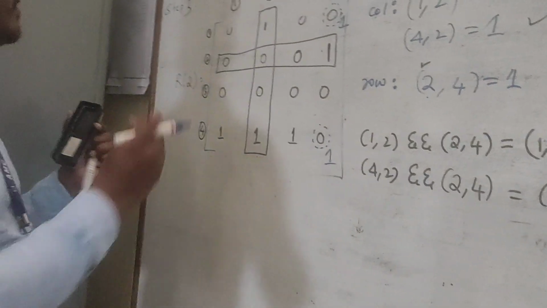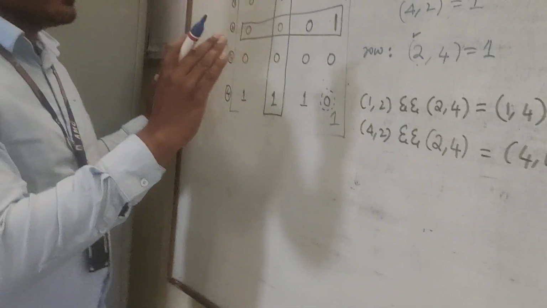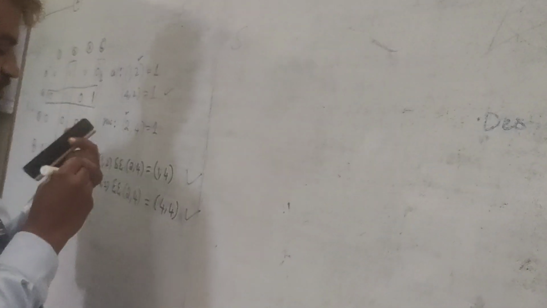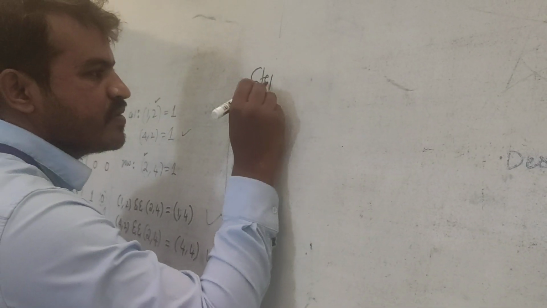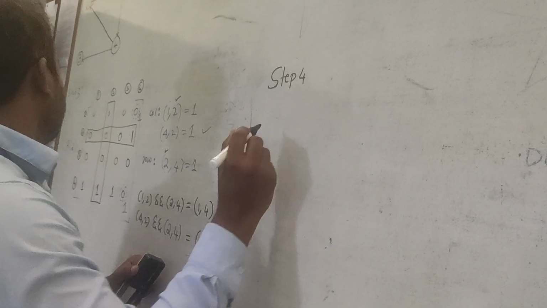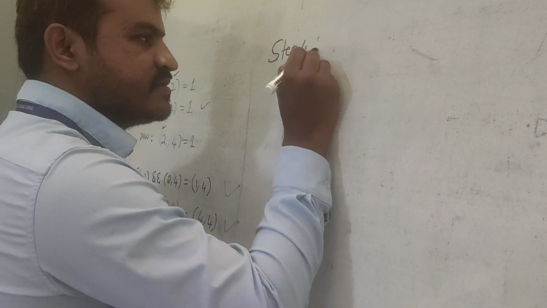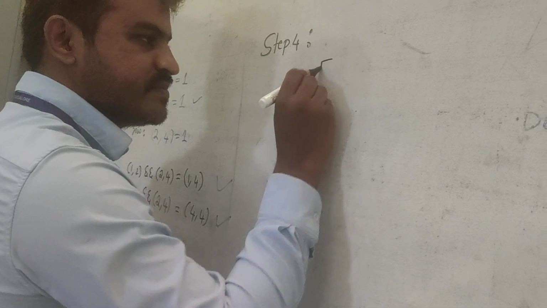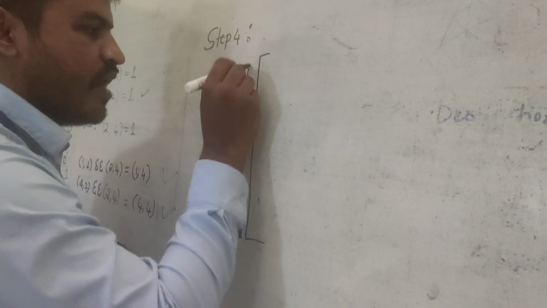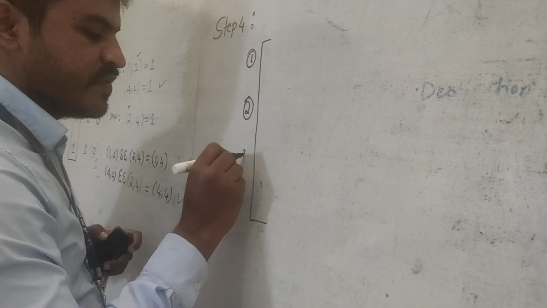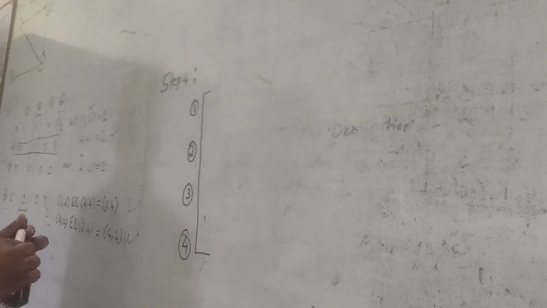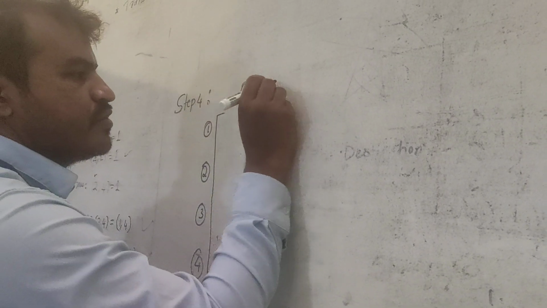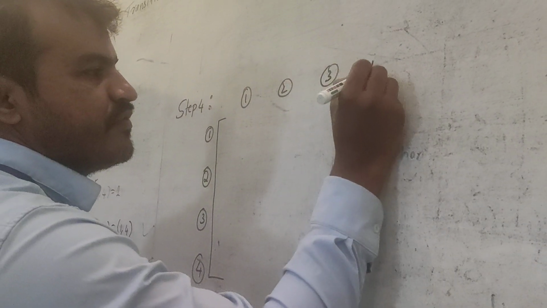Now step 4, listen here. Again I will write here, step 4. Again you write a matrix, the resultant matrix, with columns 1 2 3 4 and rows 1 2 3 4.